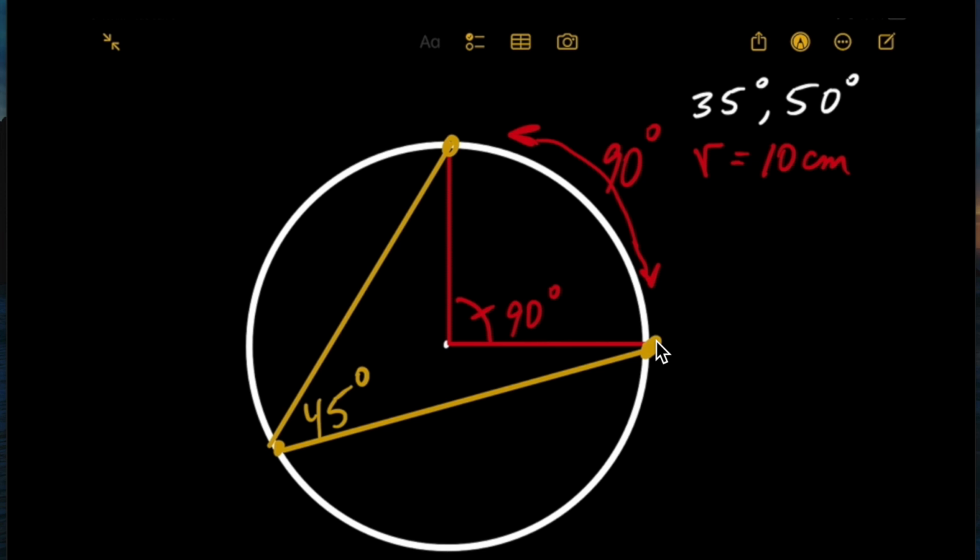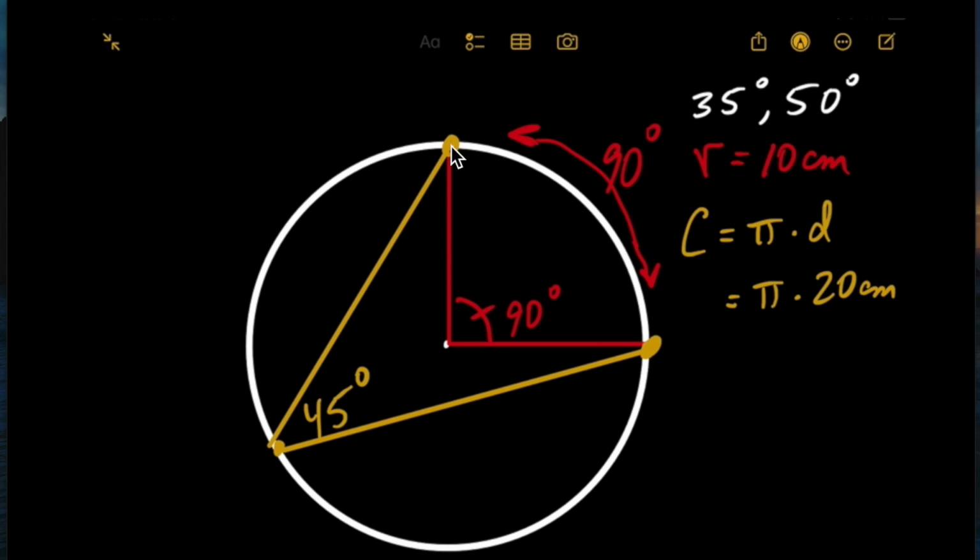Really quickly, what confused me when I was first doing this is that not only can you have a degree measure of an arc of a circle, but you can also have a length measure. So here, if our radius is 10 centimeters, the circumference would be pi times diameter, which would be pi times 20 centimeters.